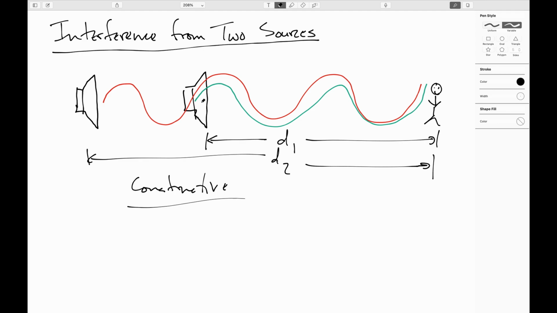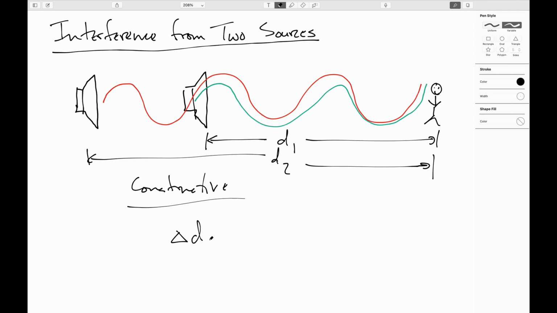Obviously, if I could somehow magically put both of the speakers on top of each other, that would work too. Or say if I had the two speakers side to side and I was standing in the middle, they would be equidistant. I could also have these differ by 2 wavelengths or 3 or 4. In any event, if it differs by an integer number of wavelengths, we'll end up with crest always meeting crest, trough always meeting trough, and having constructive interference.